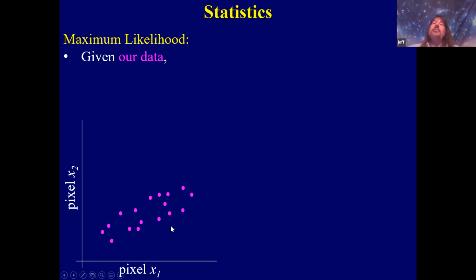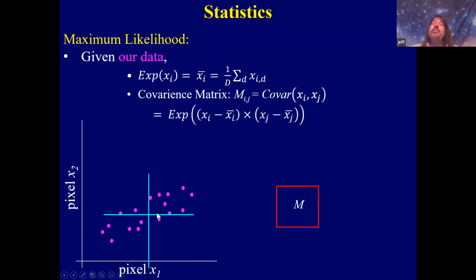We're given all our data, we calculate all the expected values of every dimension, and we form this big covariance matrix. Now we're going to look at various vectors and want to know, is that a good axis for my ellipse or not, right? Each such arrow, we're going to say, could it be a good axis for an ellipse?